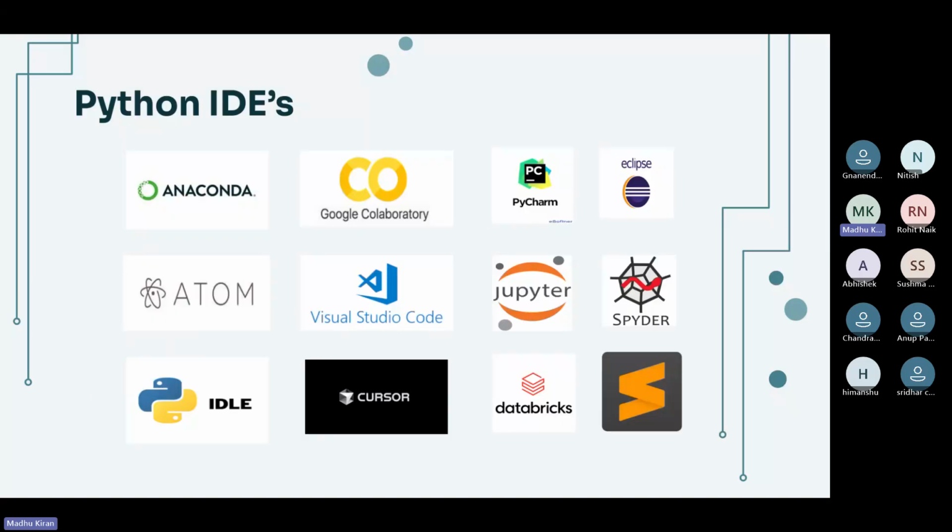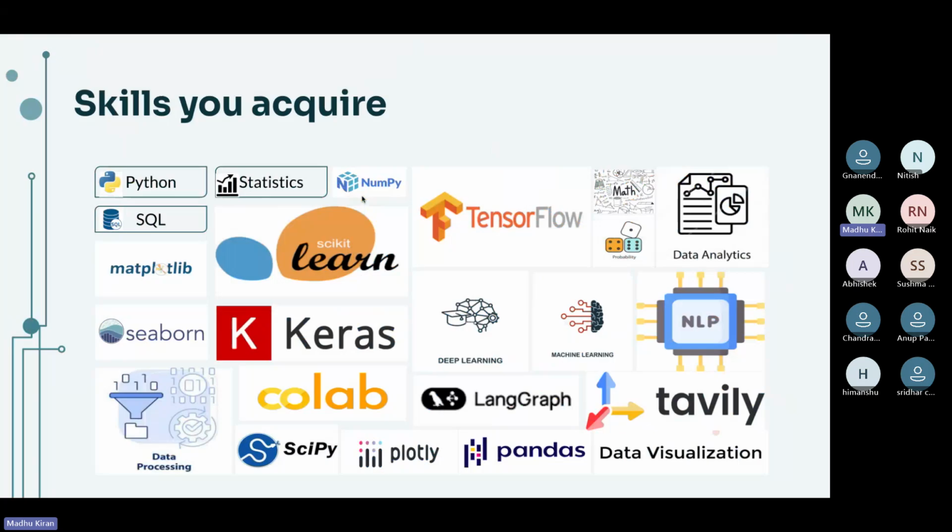A few of them are listed here: Anaconda, Google Colab, PyCharm, Eclipse, Atom, Visual Studio, Jupyter, Spyder, Cursor, Databricks, and the last one is Sublime. You can choose any of the Python IDEs, but a few of them are for scripting. I'm going a little technical here, but don't worry, because we have already fixed that we are going to use Google Colab.